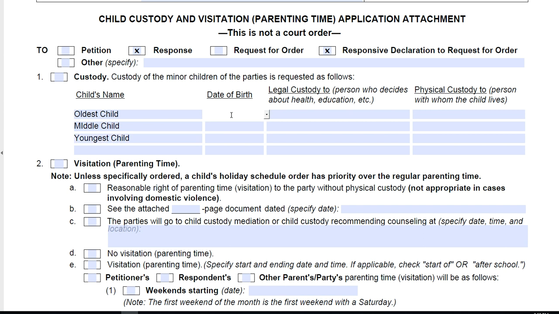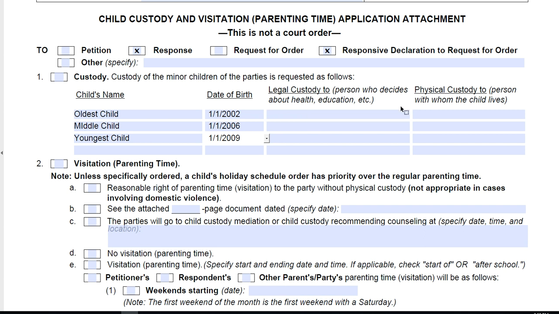And their birthdays will be here, and you have to put in birthdays for your children. And then it comes to custody.